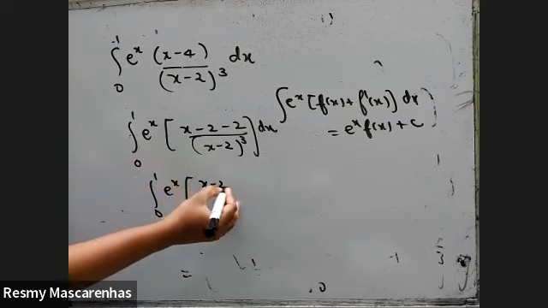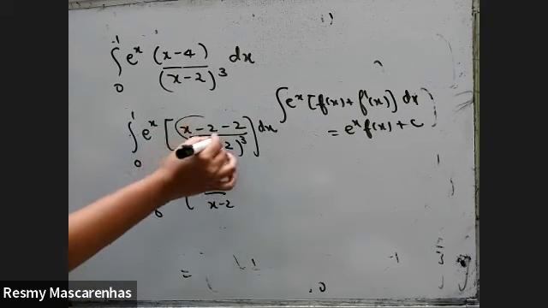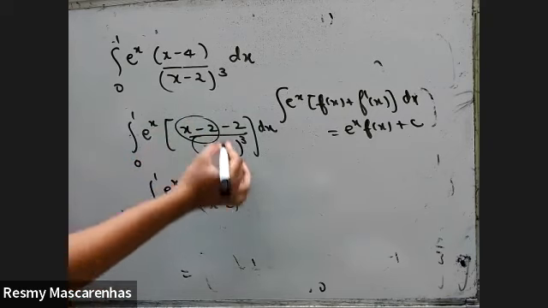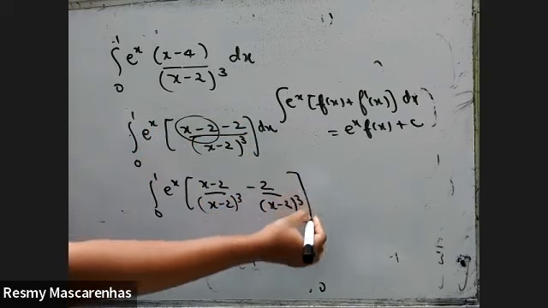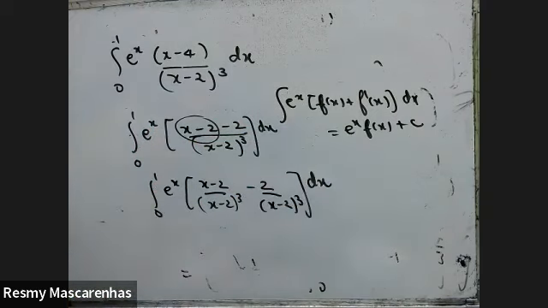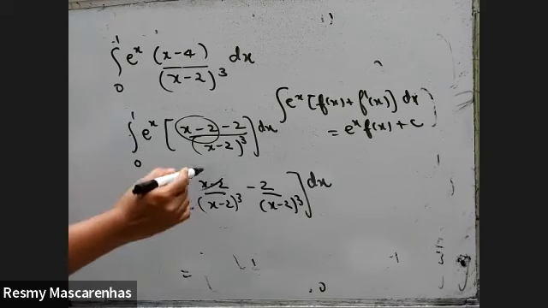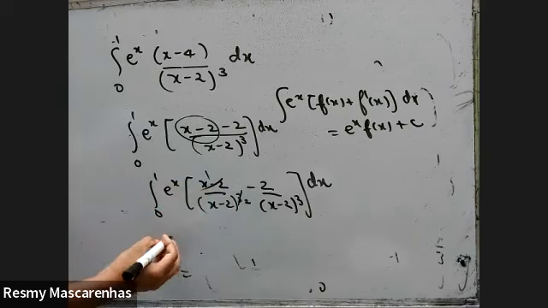X minus 2, this I'll take as one term. This I'll put separate. One of them will cancel. So we'll have it like this.